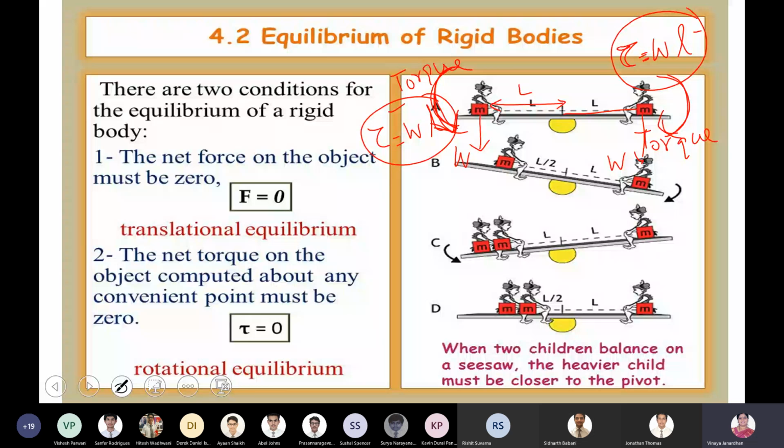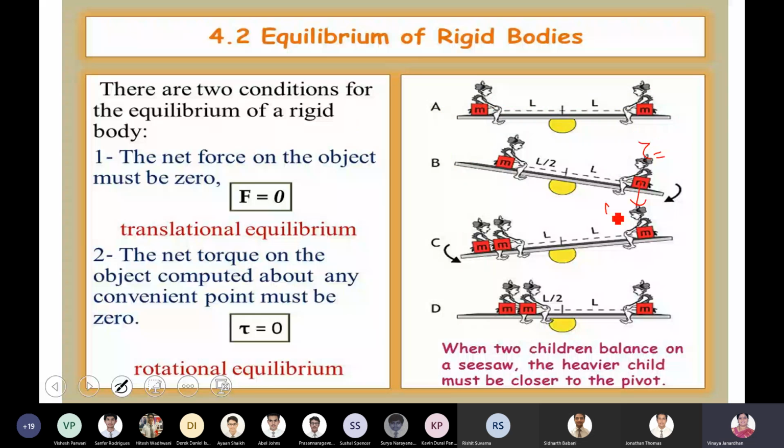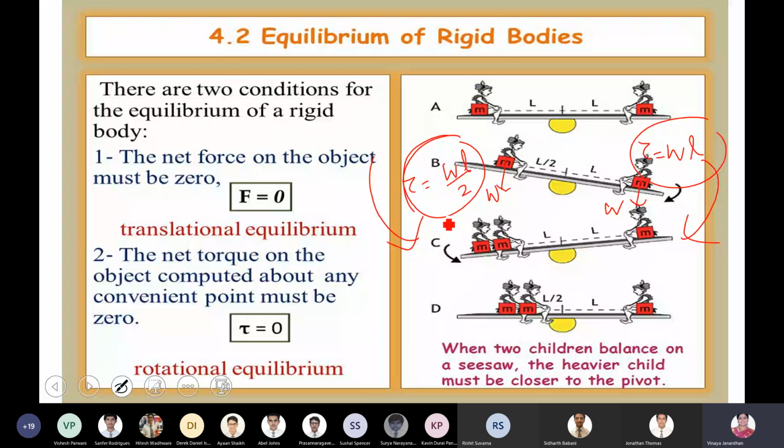Now what about here? Here the torque is the weight W into L. Here the torque will be the weight into L by 2. Are these torques the same? If I add them, say the anti-clockwise torque is negative and the clockwise torque is positive, they never cancel each other.